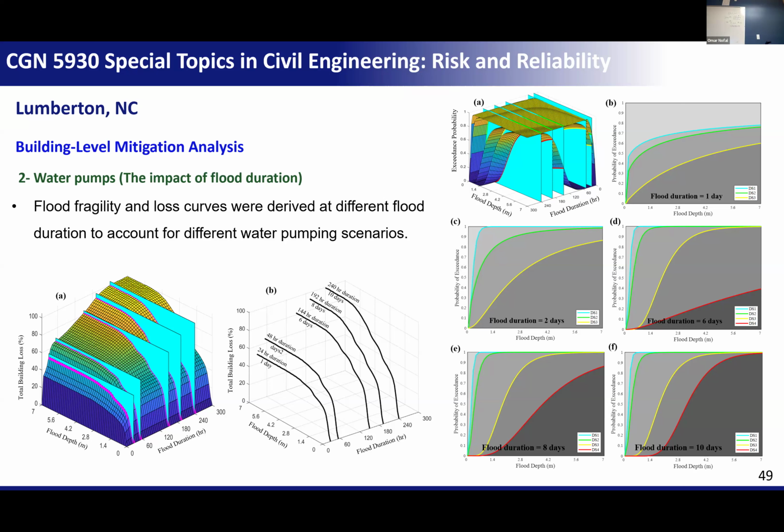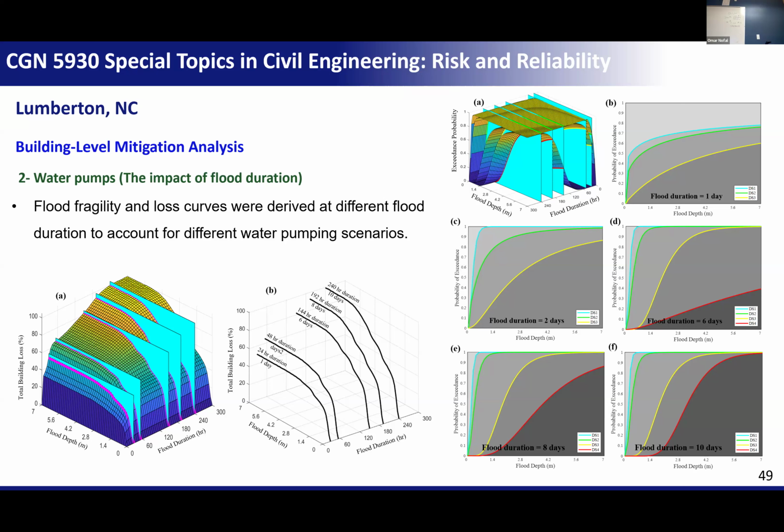If you cut a section in these fragilities, you will find that at one day, you will have these fragility surfaces. Damage state 4 is not there yet. You will not reach complete damage if the water stayed only one day, but then it's going to show up as the number of days increases until the full function shows up after, for example, 10 days, and you get the full fragility curves for the entire building.